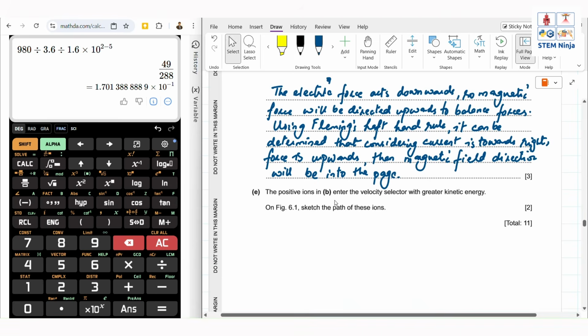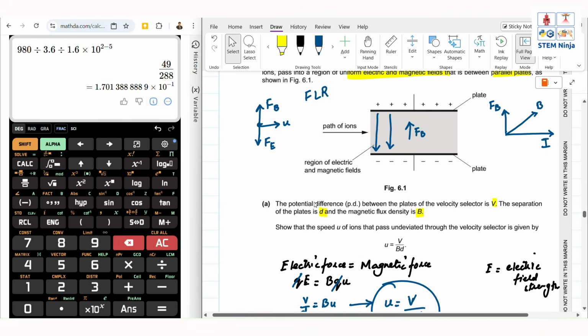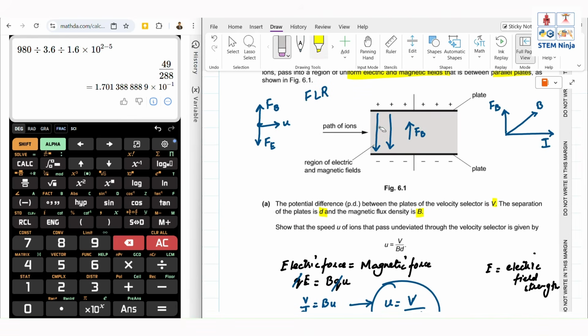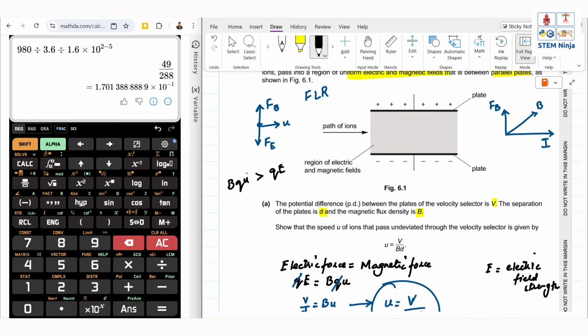The positive ions in B enter the velocity selector with greater kinetic energy. On figure 6.1, sketch the path of these ions. Greater kinetic energy means greater speed. What does greater speed mean here? It would mean that BQv would be higher than QE, so the magnetic force would be greater than the electric force.